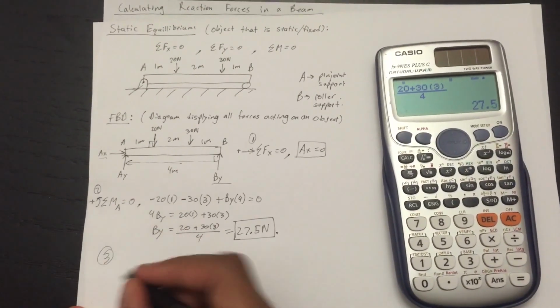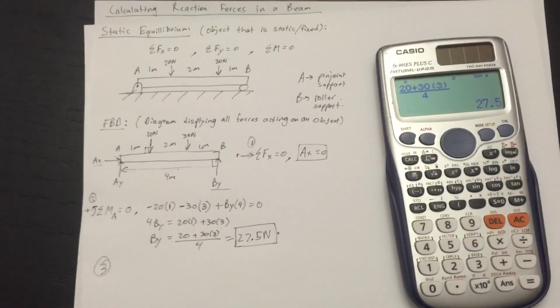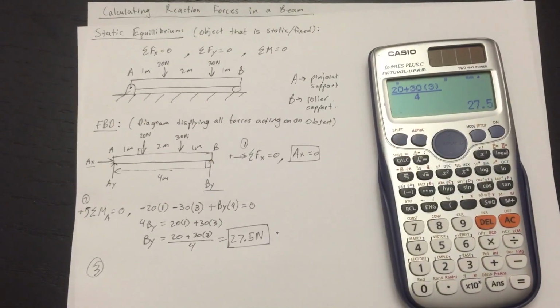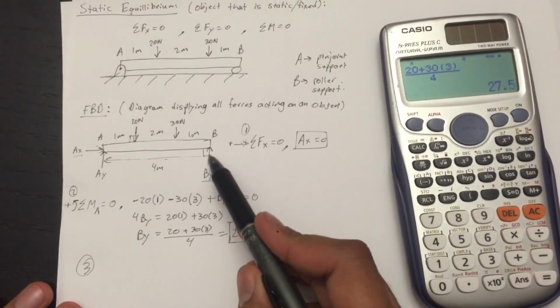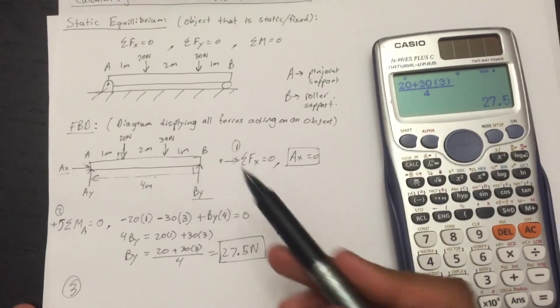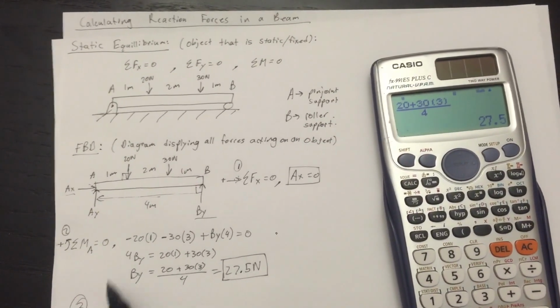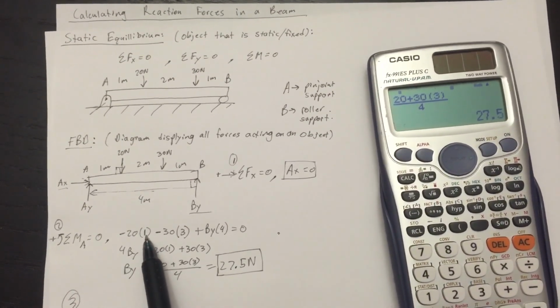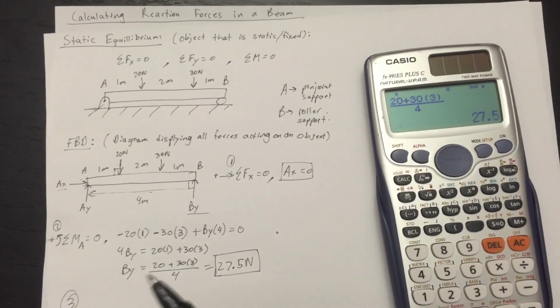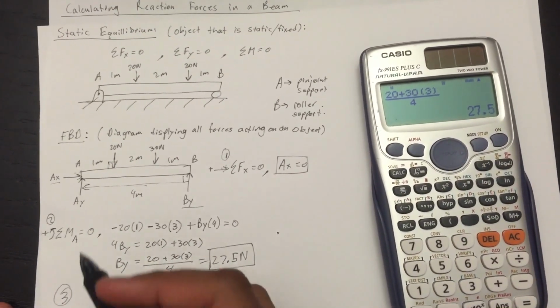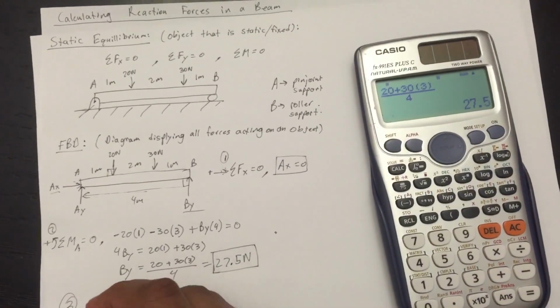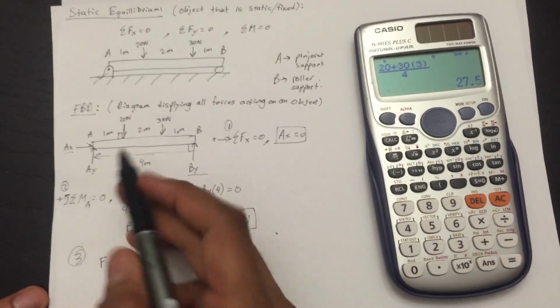Now, let's solve for AY. In order to find AY, we could take the moments about B. However, moment equations require two things: the force as well as a perpendicular distance. An easier way to approach this would be to find the summation of forces in the y direction, as AY is in the y.